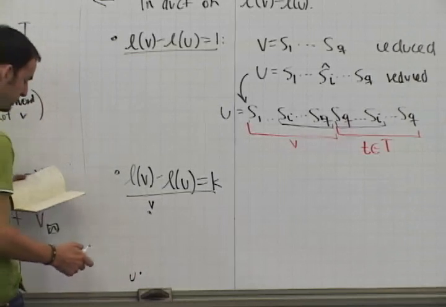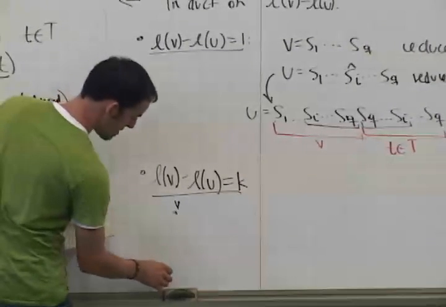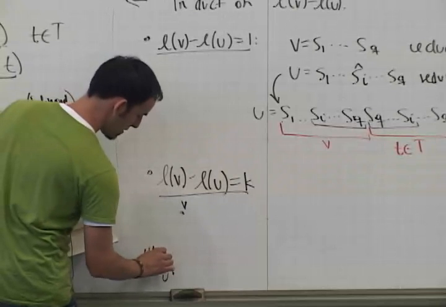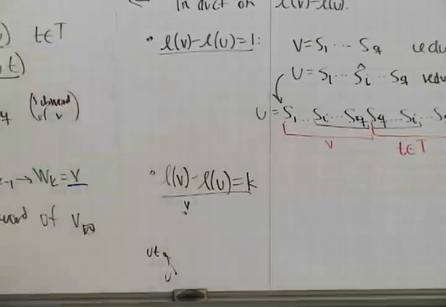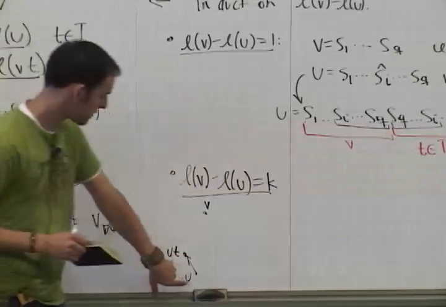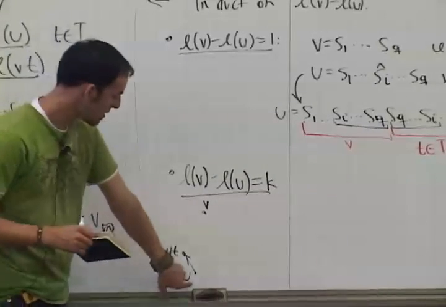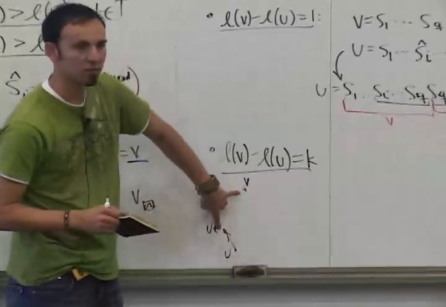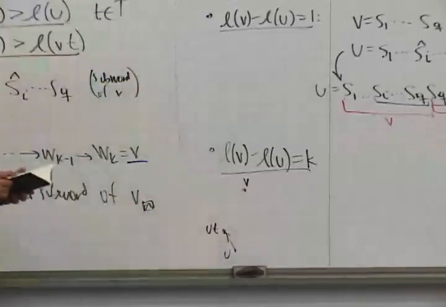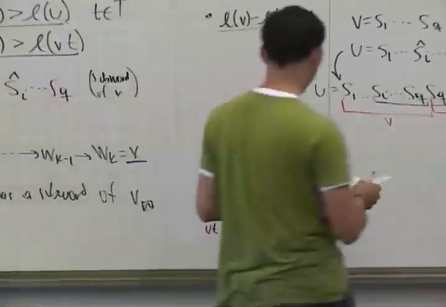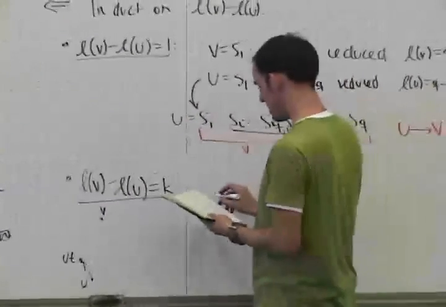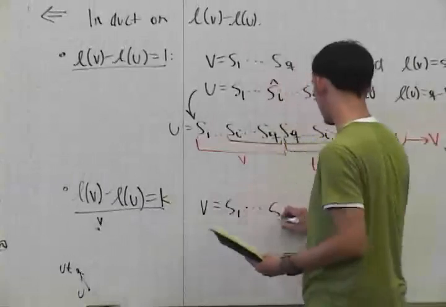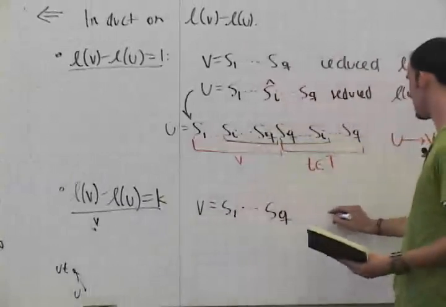So my plan is going to be to find something here so that I can inductively say, I want to apply my induction hypothesis here and my induction hypothesis here. That's my plan. So let's do that. V is equal to S1 up to SQ, reduced.